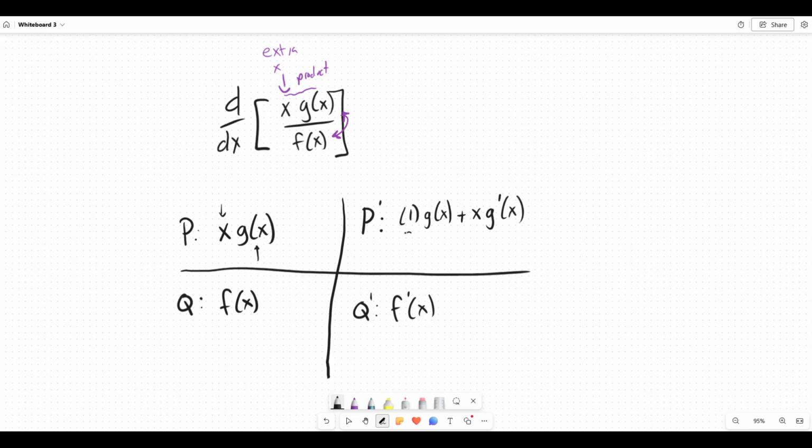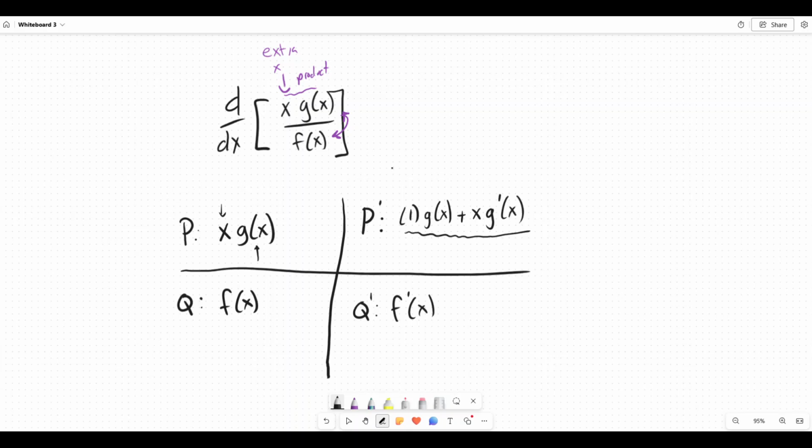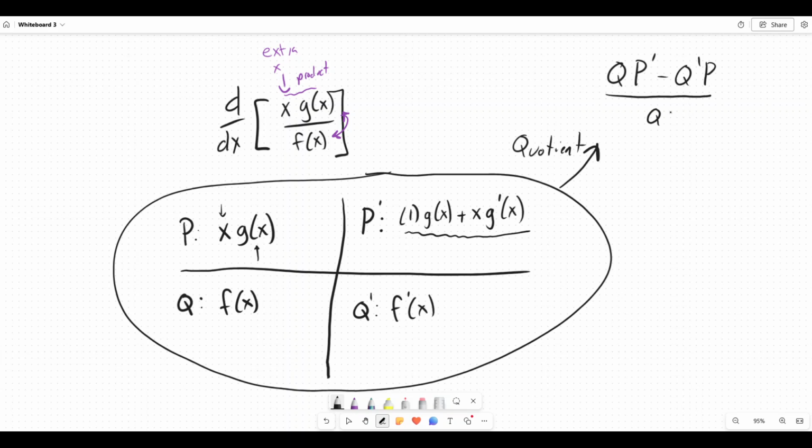Then we have to use this entire thing as p prime inside of a quotient rule, which, once again, is bottom times the derivative of the top minus the derivative of the bottom times the top all over the bottom squared.